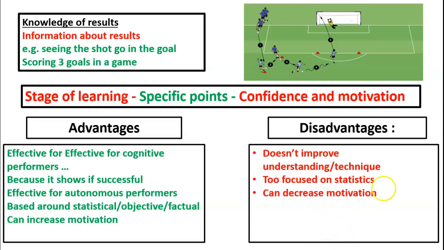Okay, and finally, it can lead to a decrease in motivation and confidence if you have unsuccessful outcomes, e.g. you don't score many attempts when you're trying to shoot in football, for example, e.g. missing all 10 shots on goal and going wide, okay, and that can lead to a decrease in motivation and confidence, particularly for cognitive stage learners. Okay, so if we look onto there, hopefully you could see how that works. Please make sure you are using good questions to interrogate your notes on this, particularly the advantages and disadvantages.